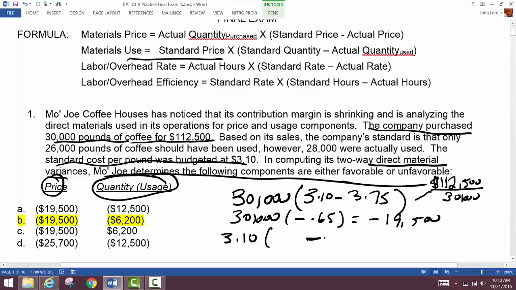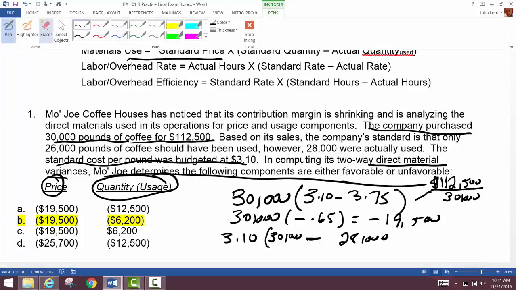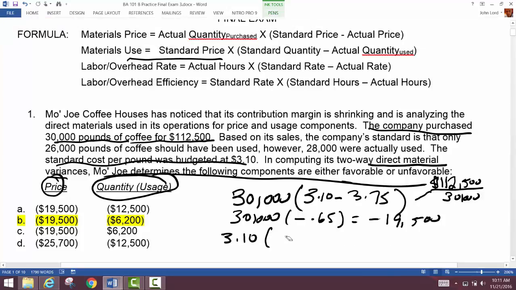This problem was a little better in that they went ahead and gave me the actual quantity, which was 28,000. And this one, unlike some others, they didn't make me calculate the standard quantity. They just gave it to me, didn't they? Whoops, I got this backwards. Standard quantity was how much? They purchased 28,000 pounds of coffee.